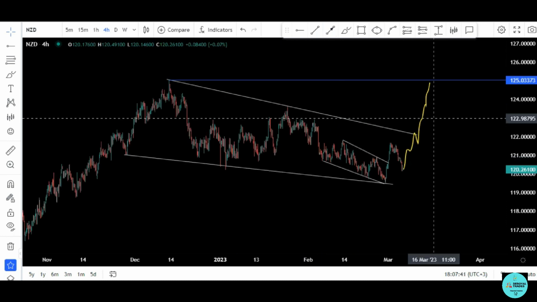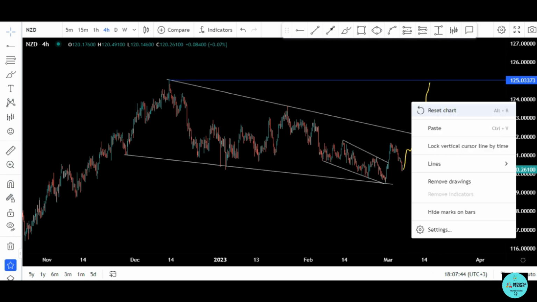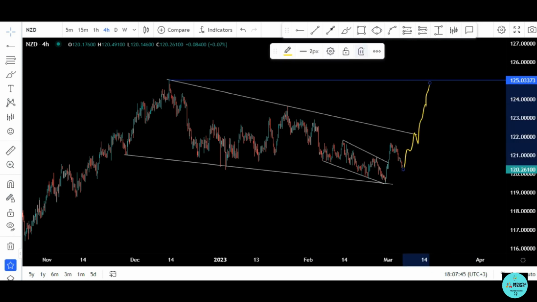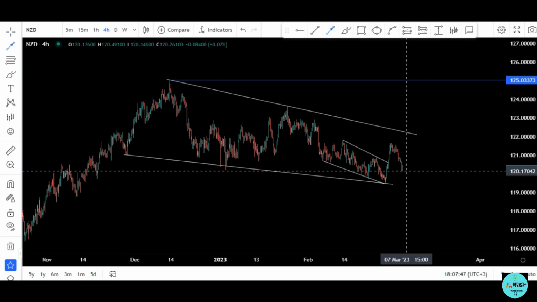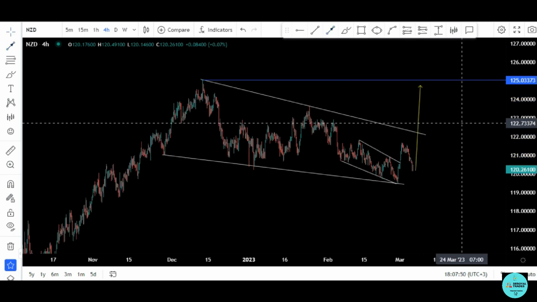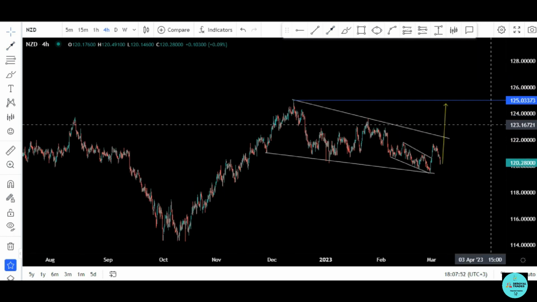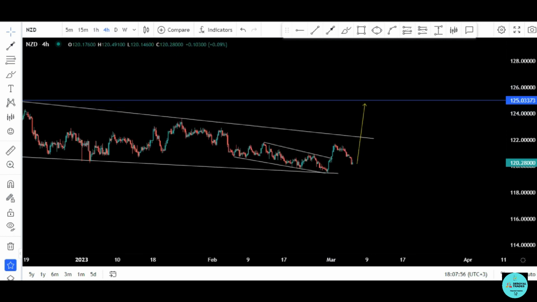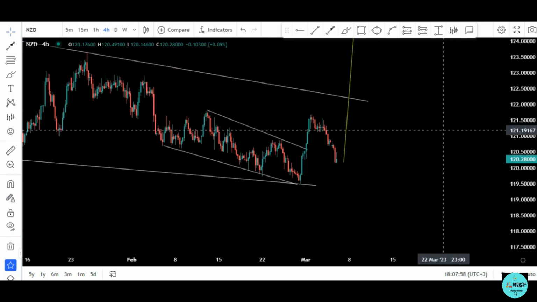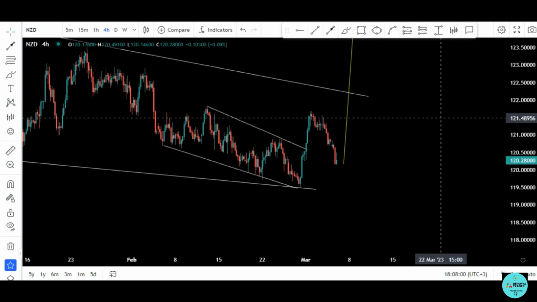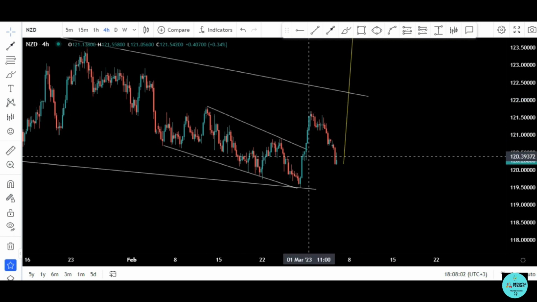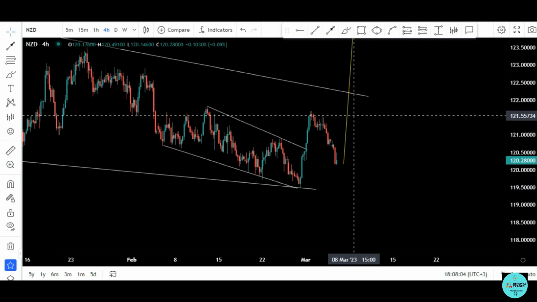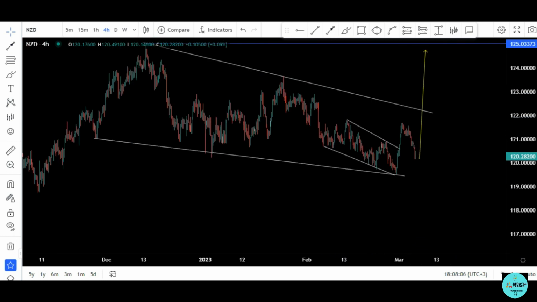Yes guys, we are expecting another impulse. So NZD, even though now it is trying to make a correction, okay, after this large impulse, we will see how it performs.